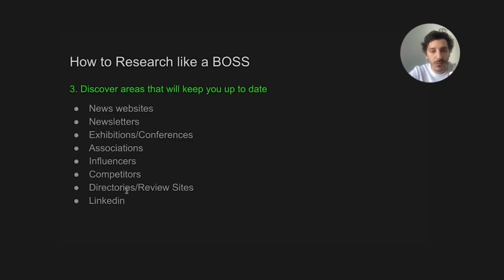Moving on, we've got directories and review sites. So Clutch, Trustpilot, all of these places you can find information. An example of that is trying to find Java agencies, which is very difficult on Cognism, even if you type in Java, or on LinkedIn with Java as a keyword, because they might not consider themselves a Java agency.